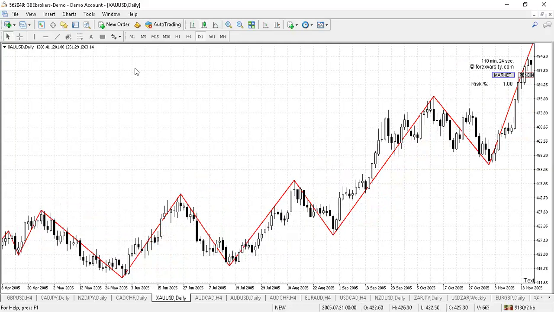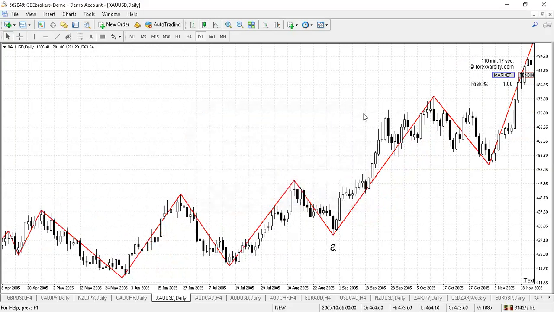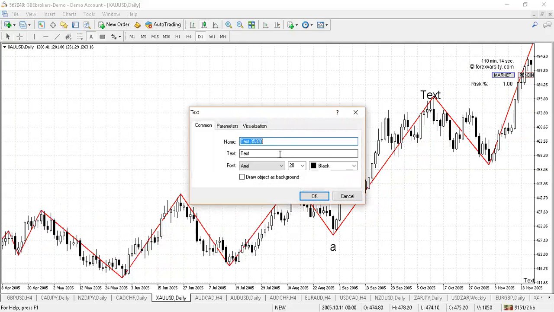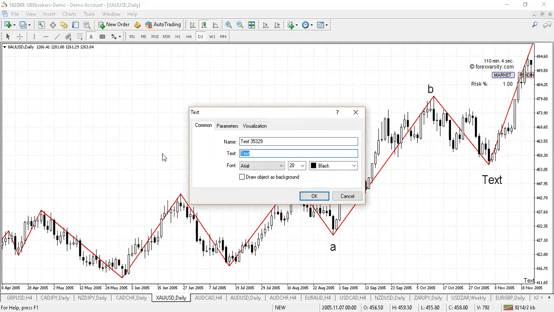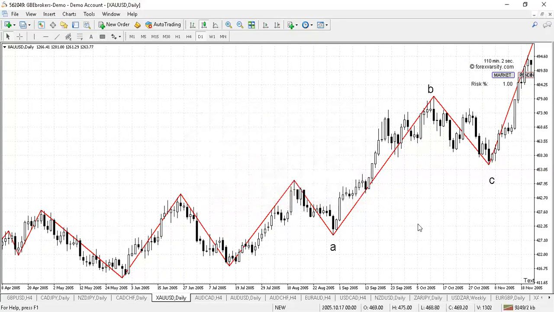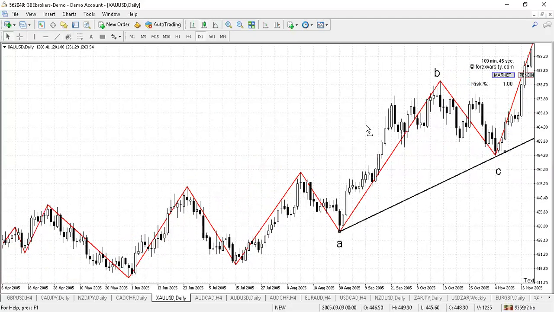So again, here we've got an A, a B, and a C. Like I said, basically we draw a little trend line up from A until C. Okay, and then what we do is we hold down the control key, making sure that we've got these little squares at the end of the trend line.